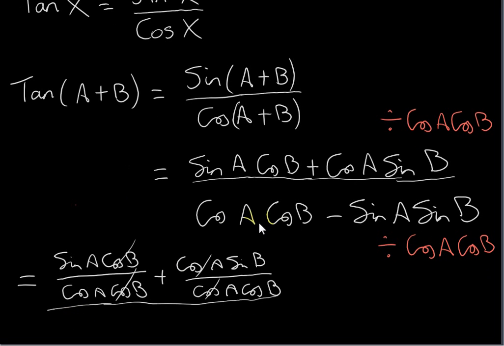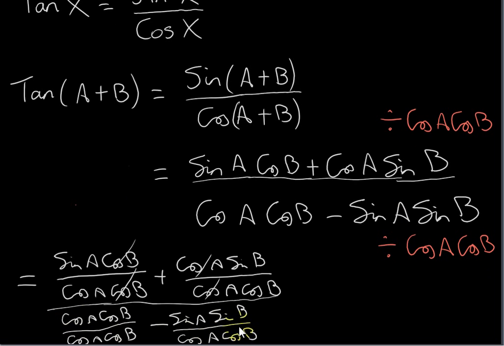Now we have to do the same underneath. Divide everything by cos A cos B. Actually, all of this cancels out here, so we get 1 here.